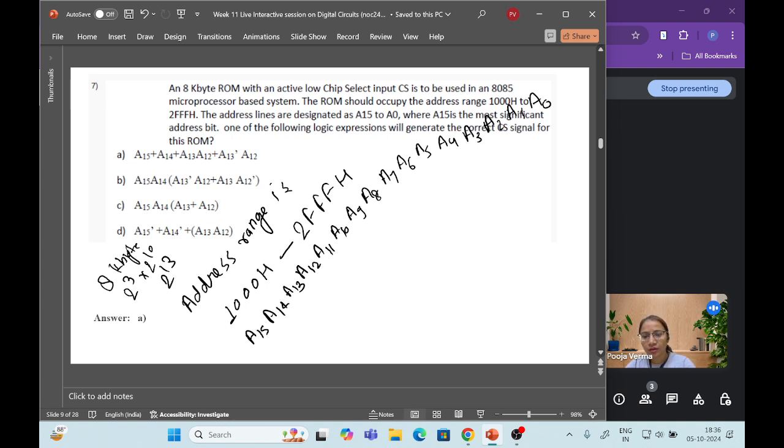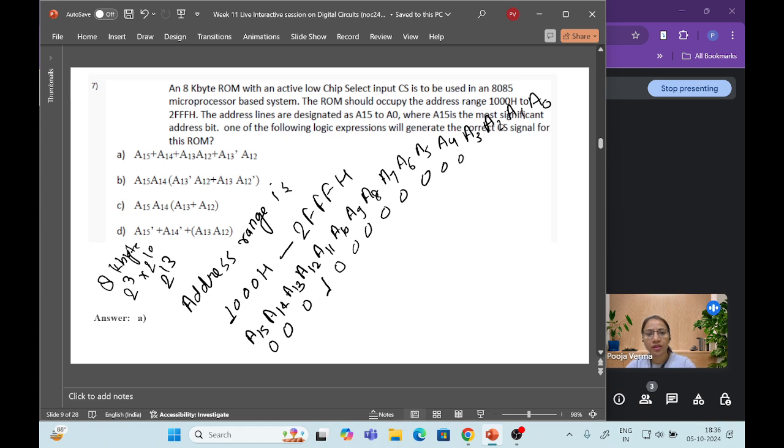Okay, so the address is 1000 to 2FFF. So let's see how it will be represented. How can we represent 1? 0001 represents 1 and all others are 0.